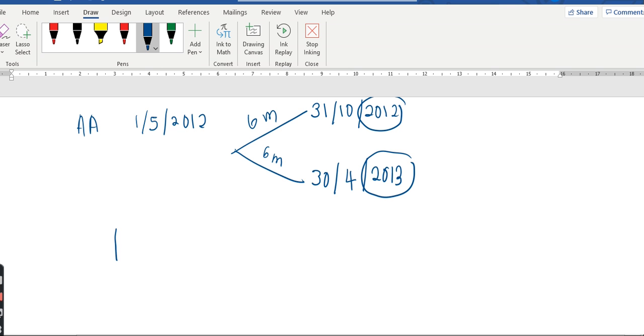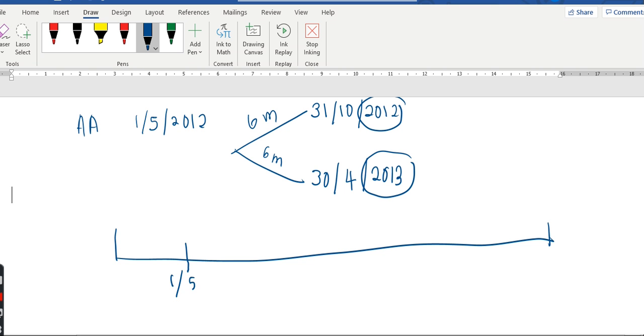So I'll draw you a timeline. Let's say you issue the bond here on 1st of May. This is when you issue the bond. The first payment of the interest is after 6 months, so after 6 months, you pay the first interest. This is on the 31st of October 2012.